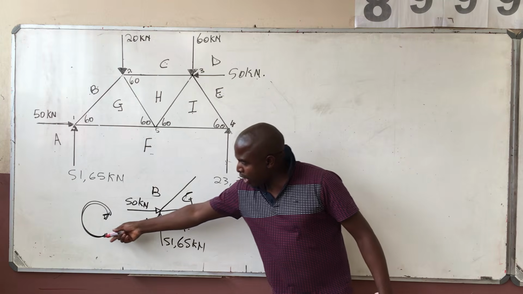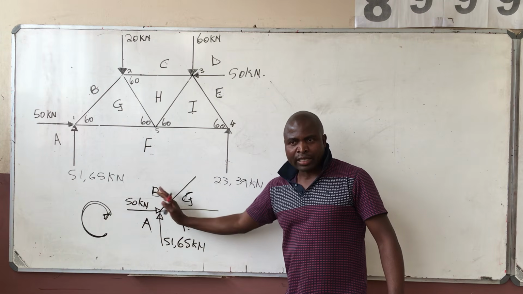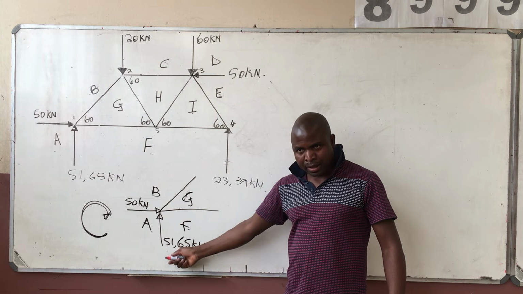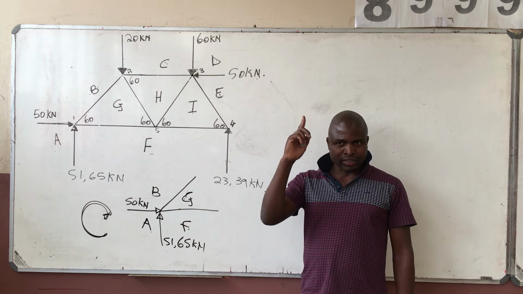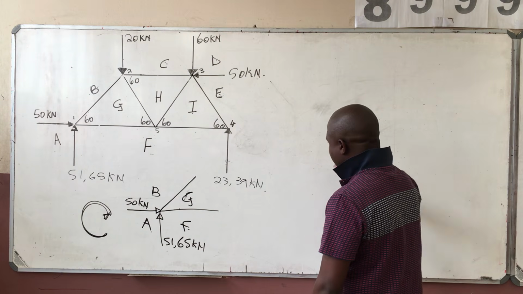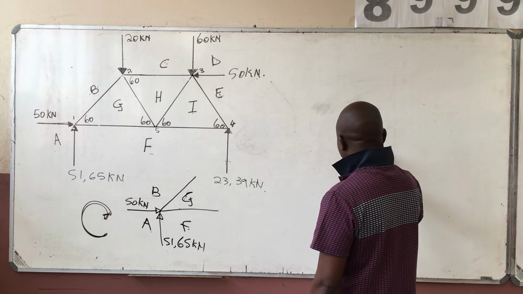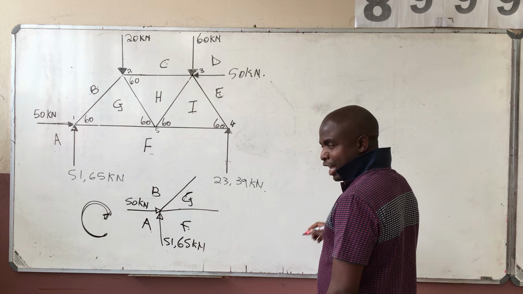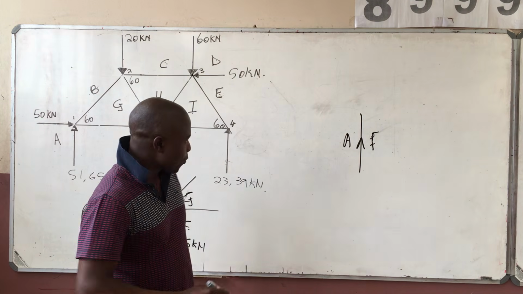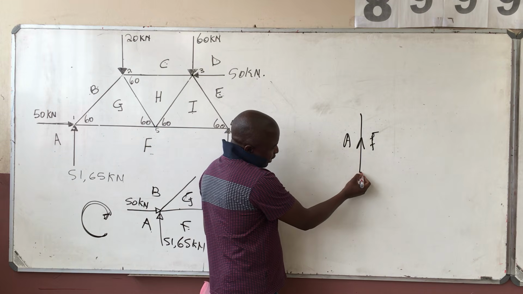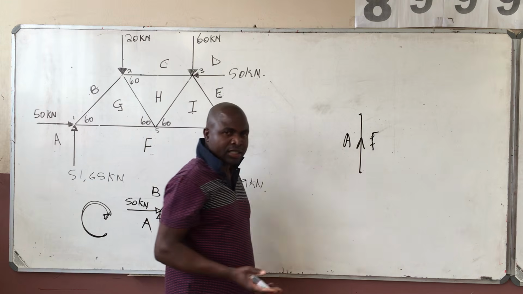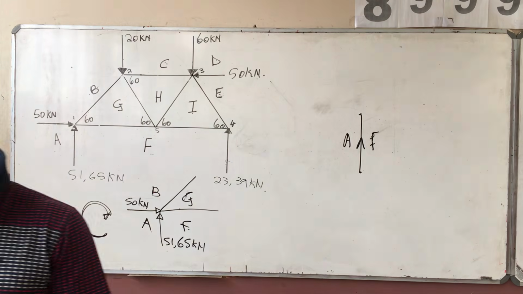Going clockwise is the sequence of taking all those members, but this member is going upwards. This member is FA. So we know that somewhere here or somewhere there is a start and there is where it ends, as we are going to draw.